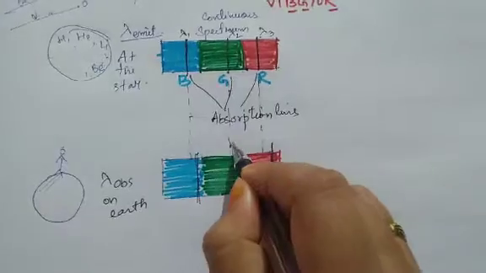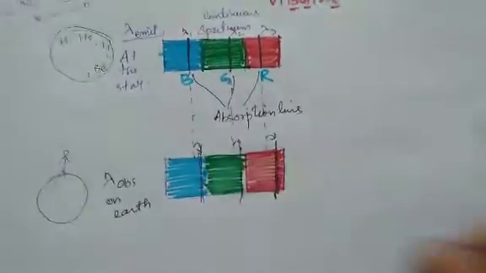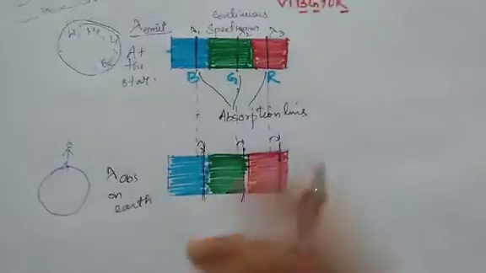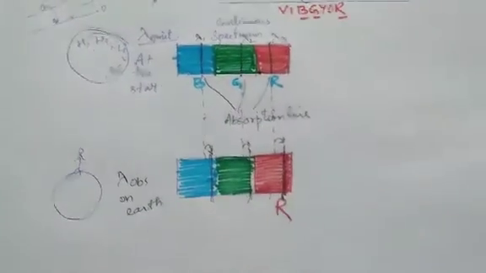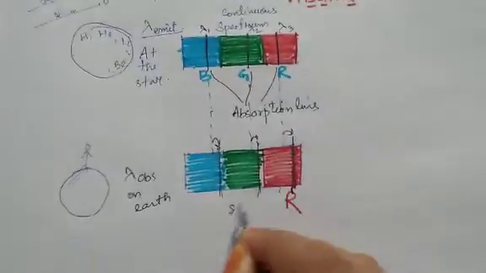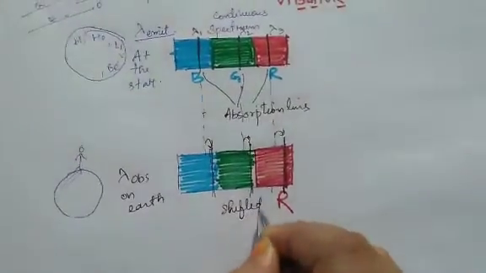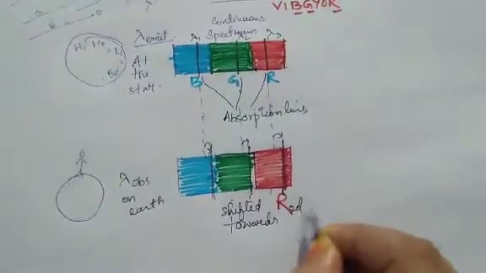They are supposed to be here, but they shifted to this. They are supposed to be here, they shifted to this. So they shifted towards what? They shifted towards red color.